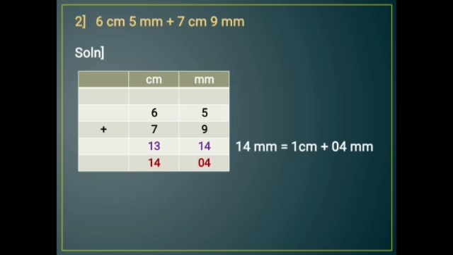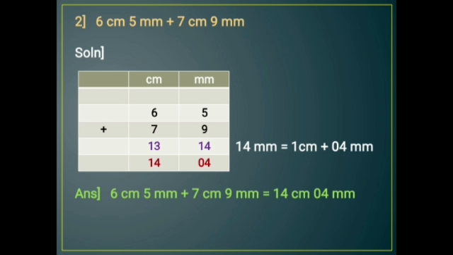So 14 millimeter can be written as 1 centimeter plus 4 millimeter. So 1 centimeter will be added with 13, we get the answer here as 14, and 4 millimeter will come as it is. So the answer is 6 centimeter 5 millimeter plus 7 centimeter 9 millimeter is equal to 14 centimeter 4 millimeter.